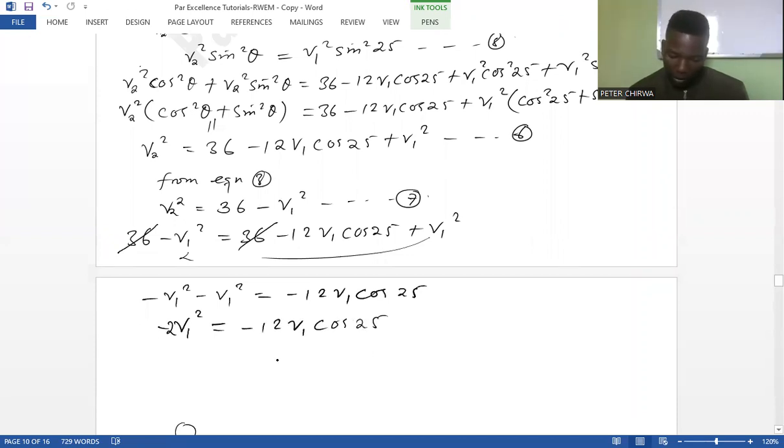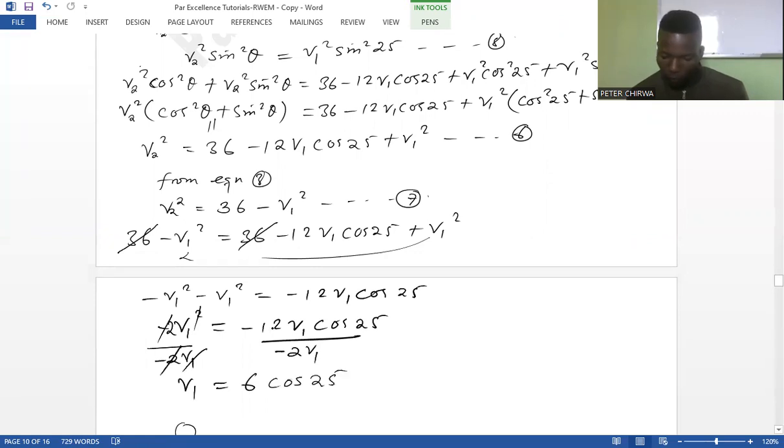Now I'm going to divide by negative 2 v1 throughout, so that I have v1 equal to 6 cos 25.